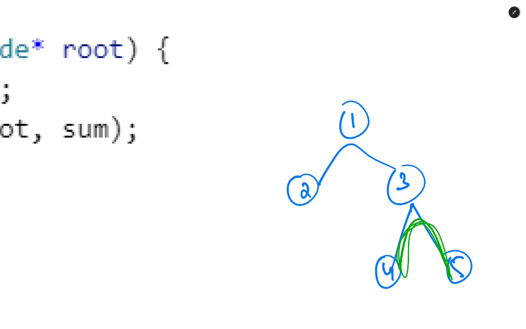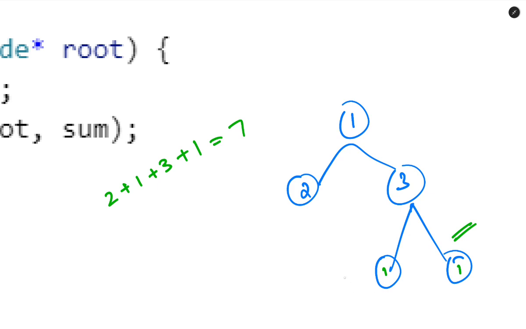This path was giving us the maximum sum. Now what are the other paths? Let me change the example a bit. In this case, 2 plus 1 plus 3 plus 1 is 7.